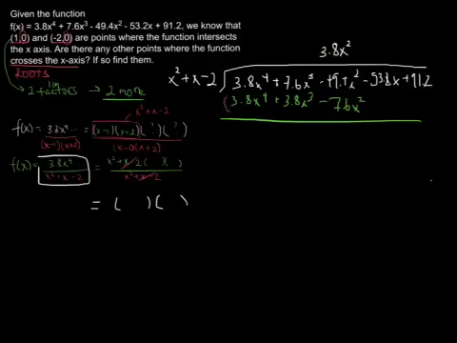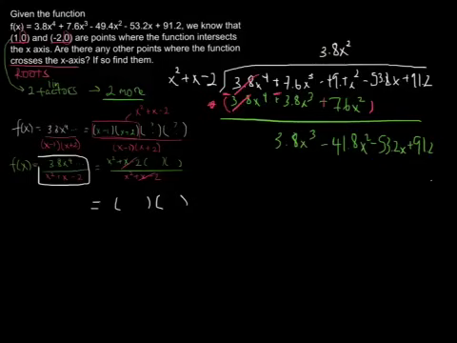We're going to subtract all of this, so I'm going to multiply it in by my negative: negative, negative, positive. Cancel, cancel. I'm going to end up with 3.8x cubed minus 41.8x squared minus 53.2 times x plus 91.2.